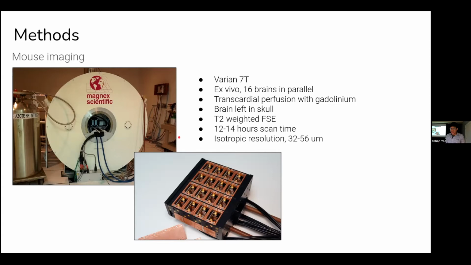They were all scanned ex vivo, so 16 brains at a time. We put them in this basket of 16 radio frequency coils. The brains are left in the skull, and we use a T2-weighted fast spin echo sequence. We do this overnight. It takes about 13 hours or so to run the scan, and you get back images at around 50 microns in resolution.